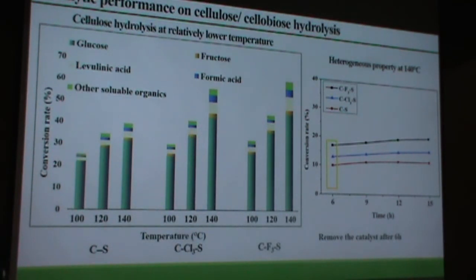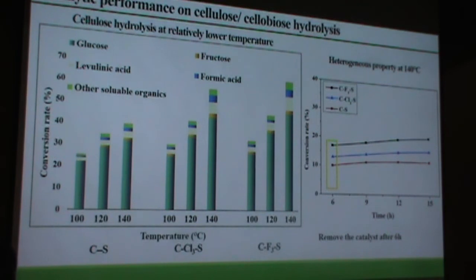And the solid acid property is very important for the heterogeneous catalysis. Therefore, we tried removing the catalyst after 6 hours of reaction and only keeping the solution reaction going.